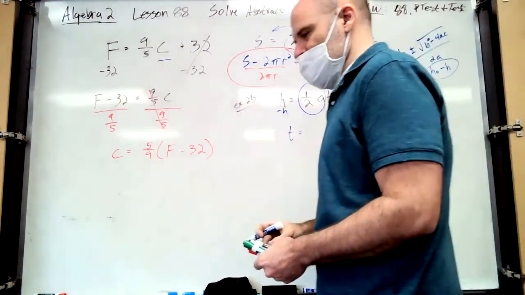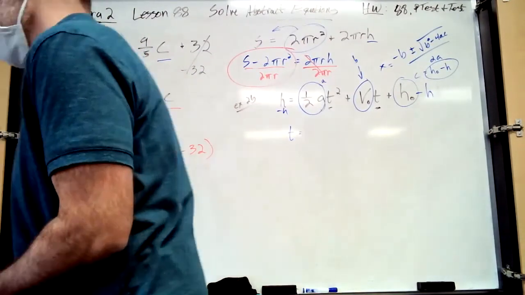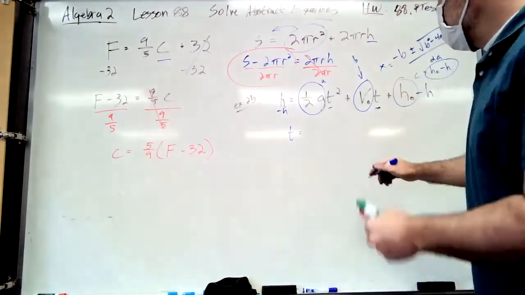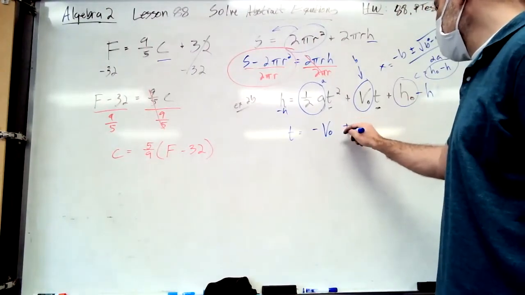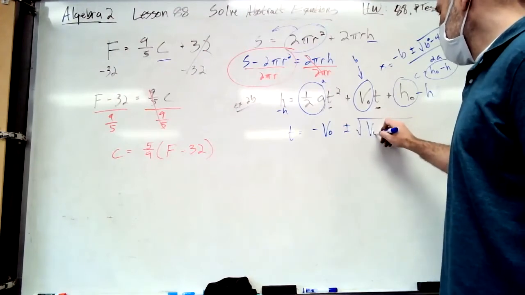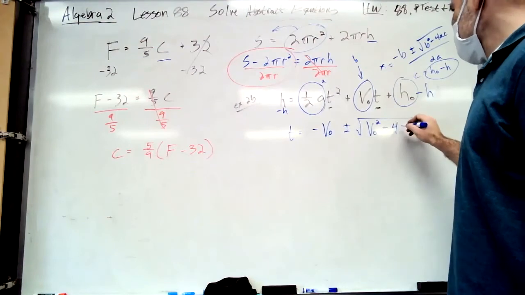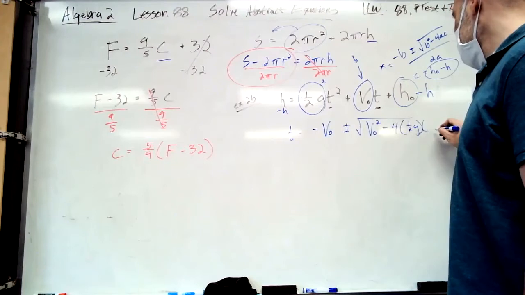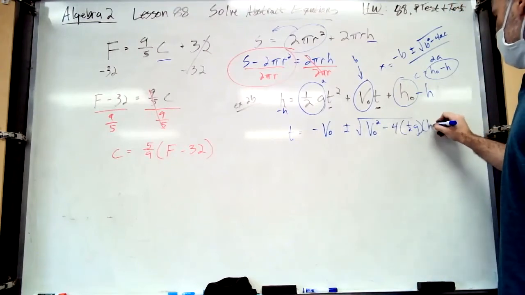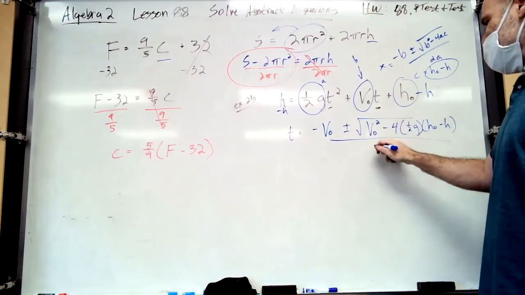That's what c is. This is going to make it real messy, but that's okay. Negative initial velocity plus or minus the square root of initial velocity squared minus 4a, which is 1/2 g, c, which is h naught minus h, all over 2a.